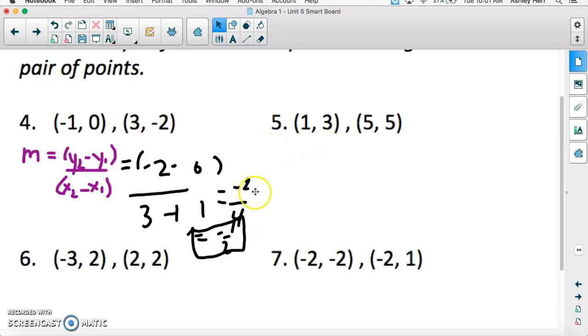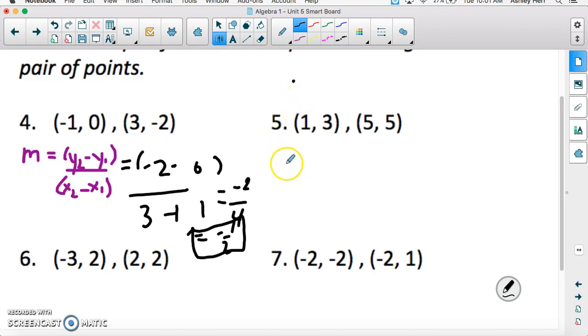Okay, try to do number 5, 6, and 7 on your own. Redo the difference in your y's over the difference in your x's.